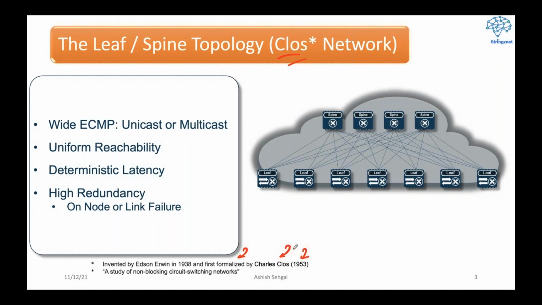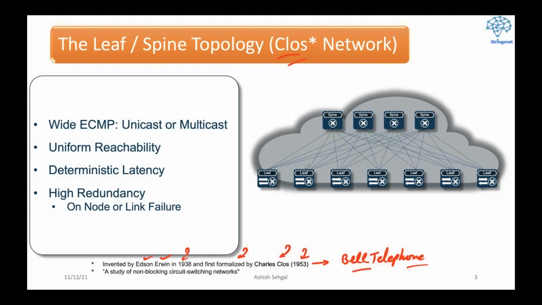However, the topology was first designed in the year 1938 by Edson Erwin. And then this formalized technology was used by Bell Telephone Company to connect its telephone switches, right?